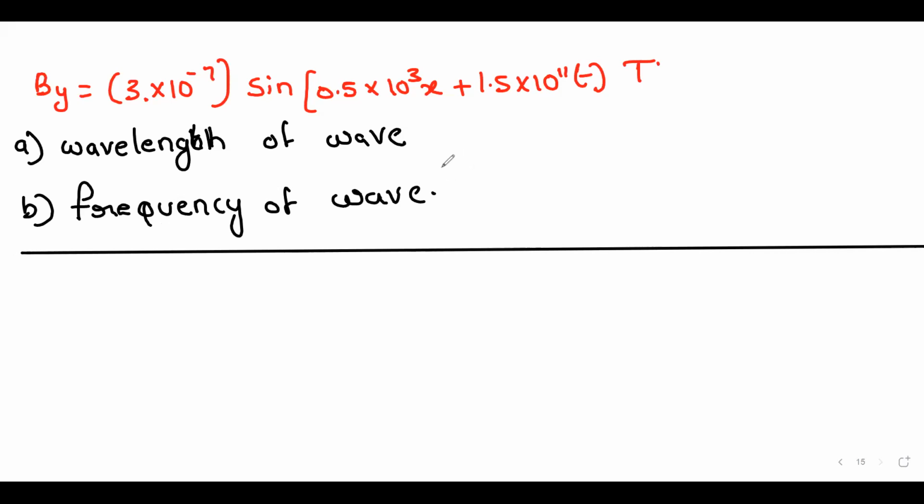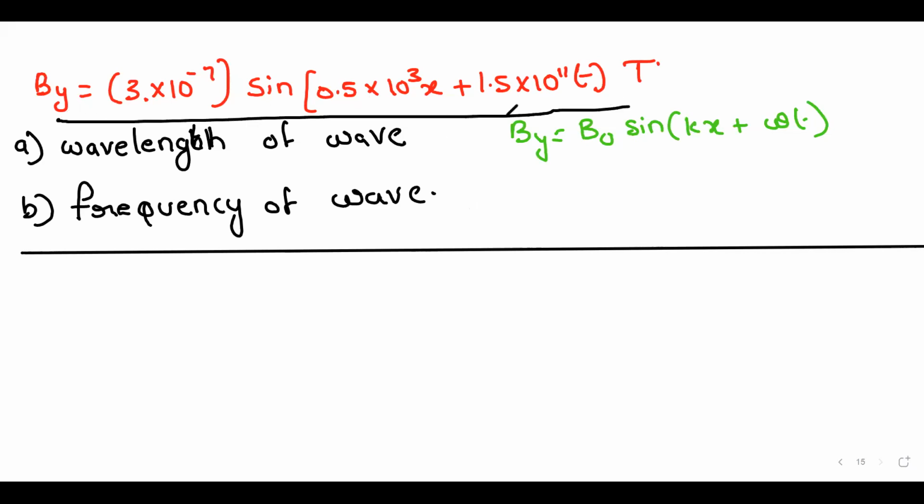No. See, I'll do. We have to compare this equation with the standard equation B is equal to B naught sine(kx plus omega t). So we compare the red color equation with the green color equation.